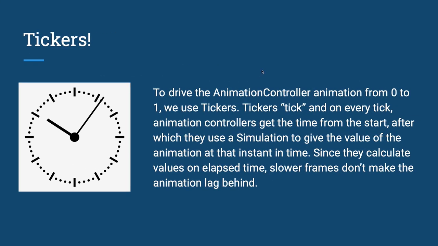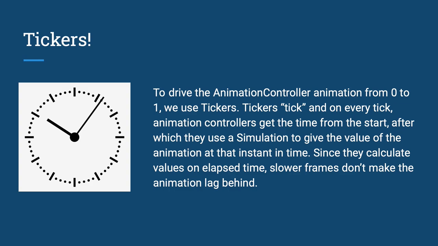So to drive the animation controller from, let's say, 0 to 1, we use tickers. Like the name, tickers provide ticks. And on every tick, the animation controllers get the time from the start, meaning they get the elapsed time.